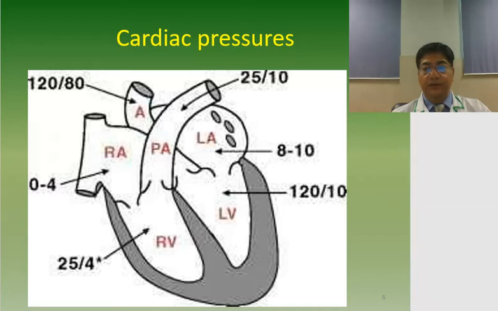If you look at the pressures in the left and right sided chambers of the heart, the left chambers are high pressure chambers, and the right sided chambers and vessels are low pressure. The pressure gradient between the upper chambers, the atria, is minimal, while the pressure gradient between the left and right ventricles is significant.